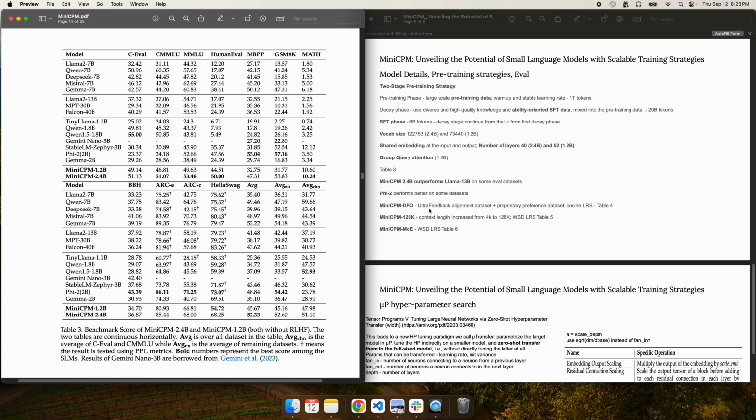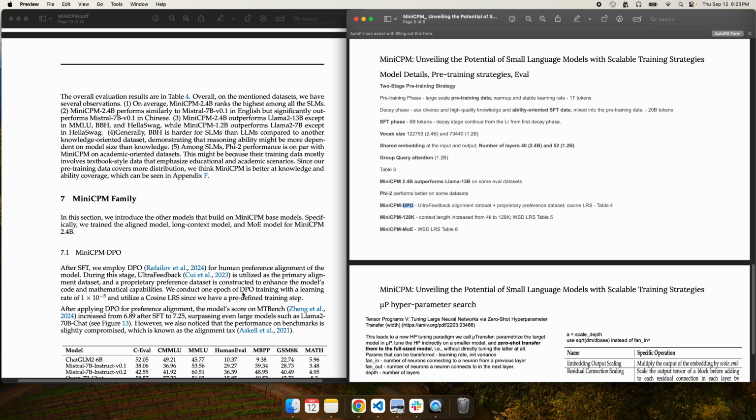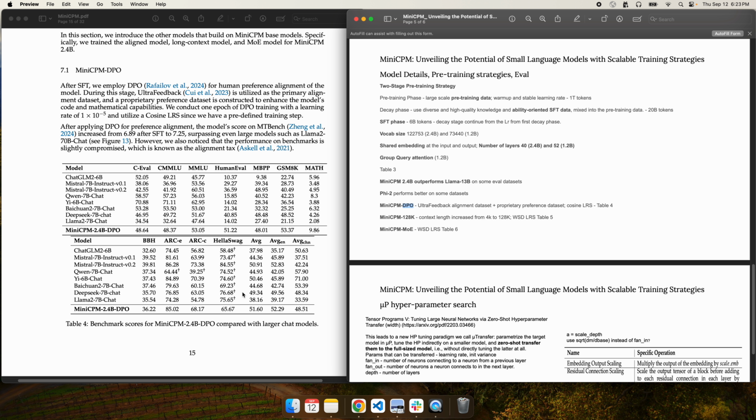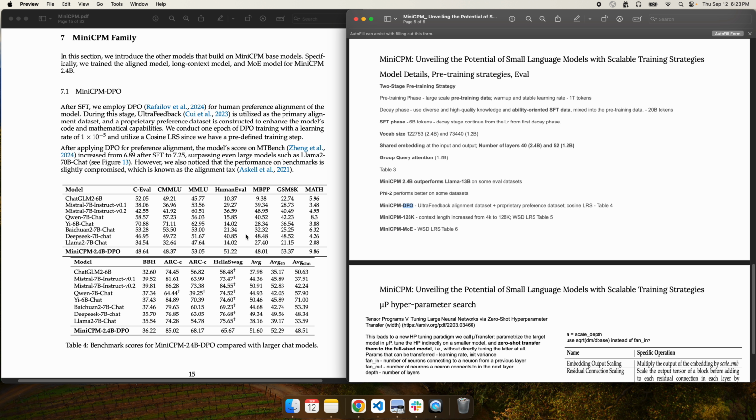And then they have different flavors of their models. The first one being the direct preference optimization model. And then they compare this along with other chat models, which have way more parameters. And they find that the performance is comparable, but not as good as their pre-training strategy models, right?